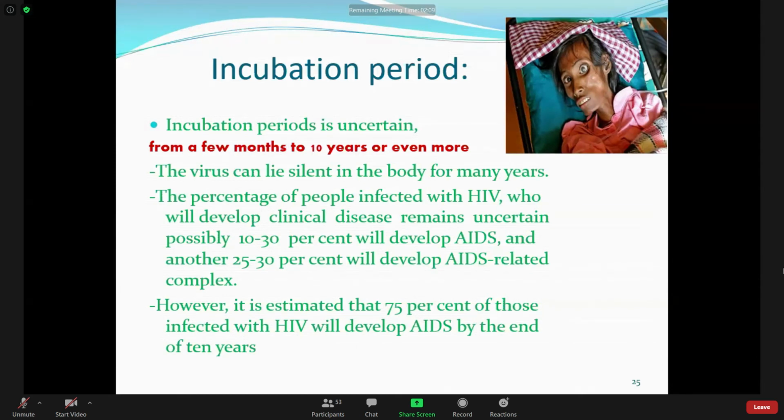If we check the blood, it will be HIV positive, but there is an absence of signs and symptoms or clinical features. So it remains silent for many years.